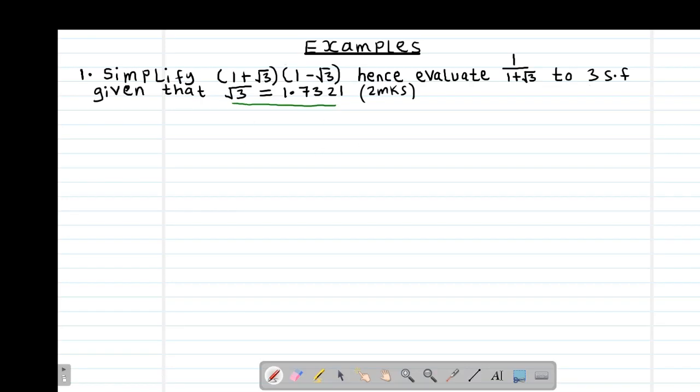Therefore, what we are going to do is simply to simplify the first part, which is 1 plus the root of 3, multiplied with 1 minus the root of 3.